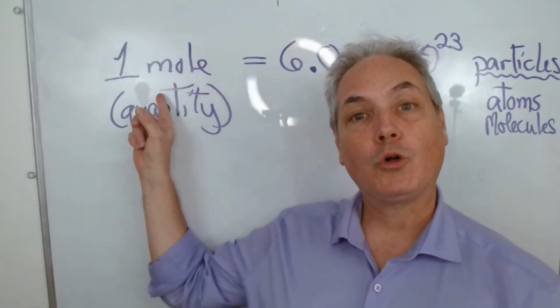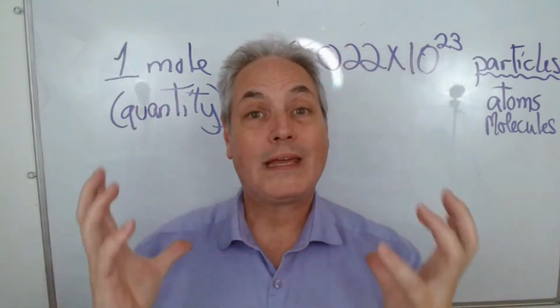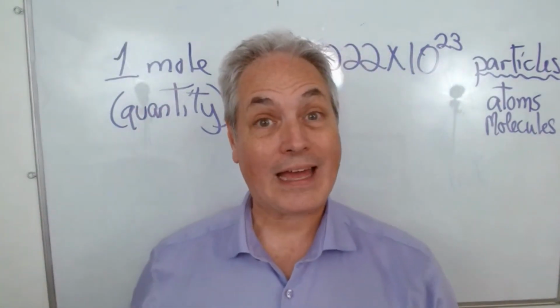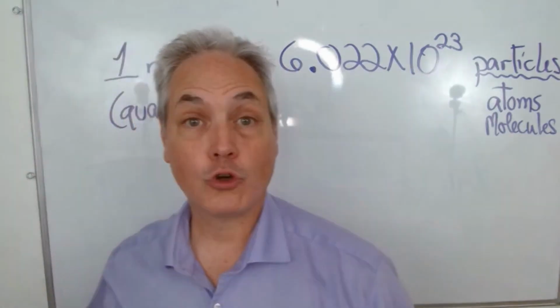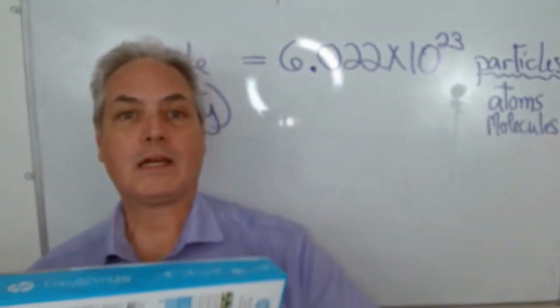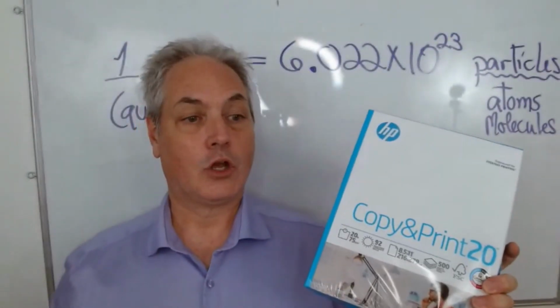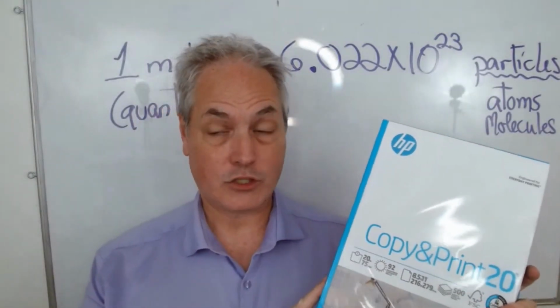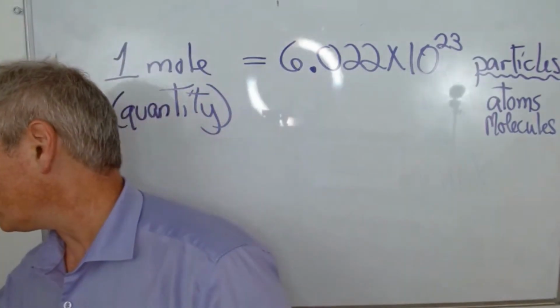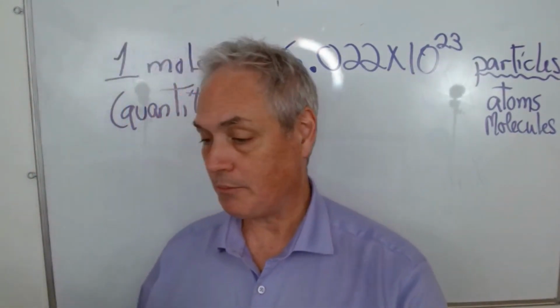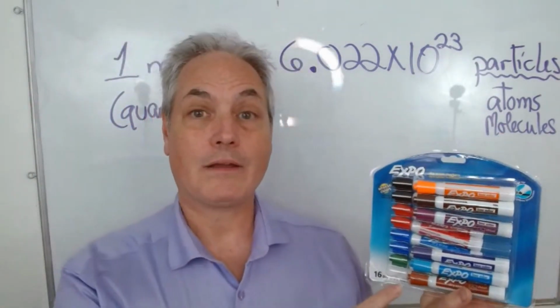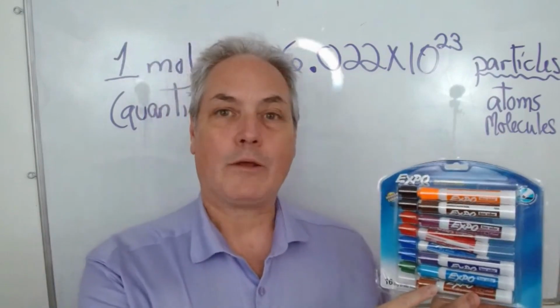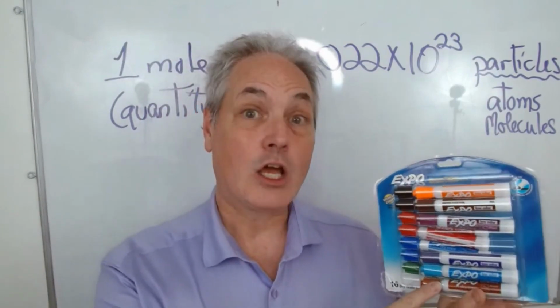A mole is a package, a grouping of so many particles, of atoms for example. If you go to a place for supplies, you can have a ream of paper. This contains 500 pages. If you buy some markers, and I do buy markers for my videos, they're sold in a package of 16 markers.